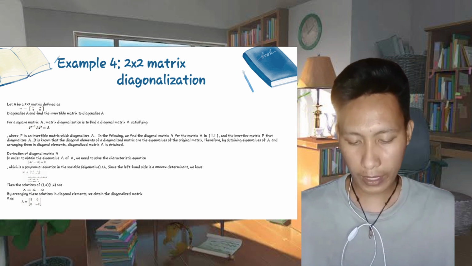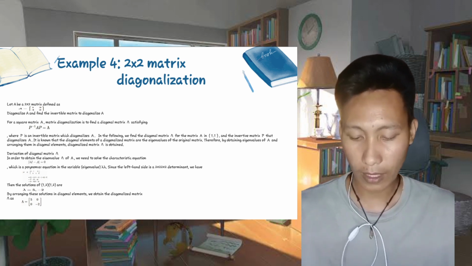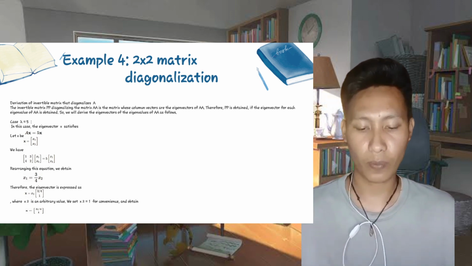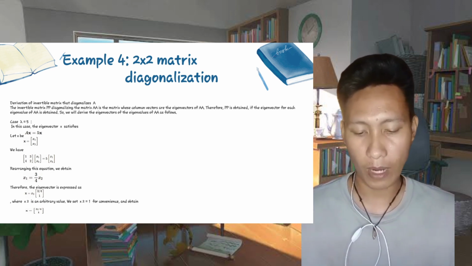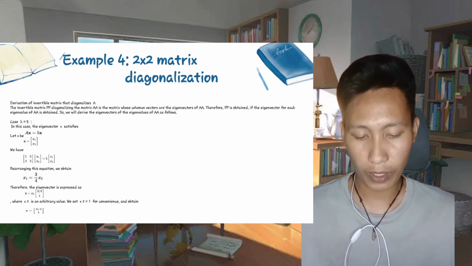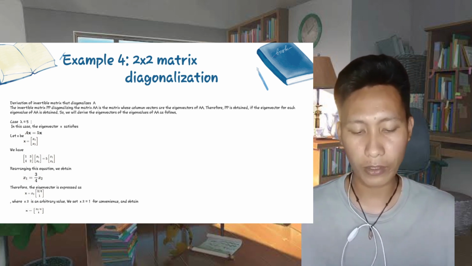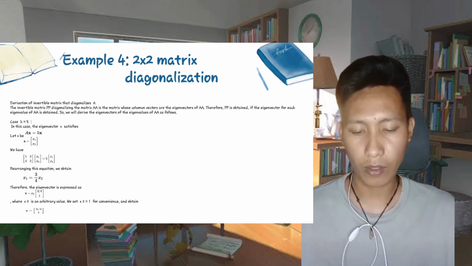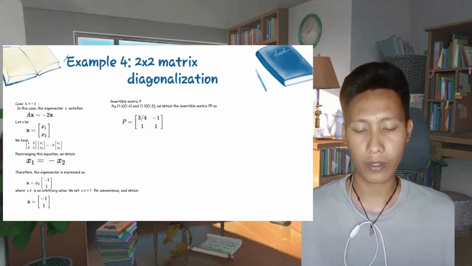We set x2 equal to 1 for convenience and obtain x equals [negative 1, 1]. Combining the eigenvectors, we obtain the invertible matrix P as P equals [3/4, negative 1; 1, 1].